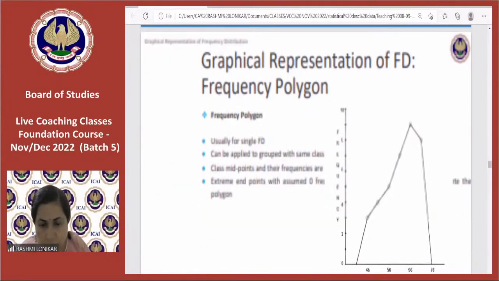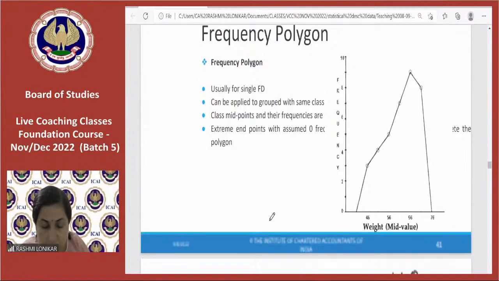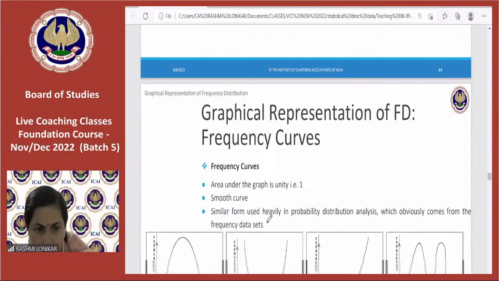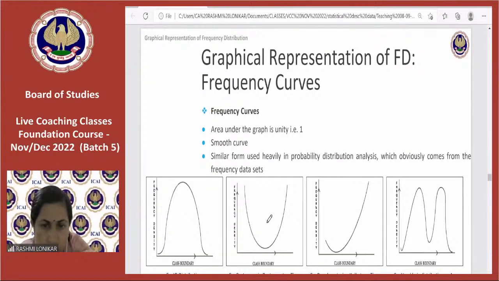So the frequency polygon, you are able to make it. The last point we are going to discuss today is this. I will be taking up this chapter in the next lecture also, because this is a lengthy chapter and I would like to take up the initials very well, so that using this example of 36 students of Xavier's College, we will build up everything.